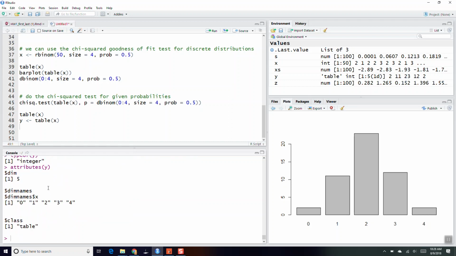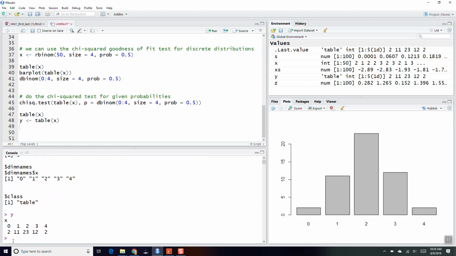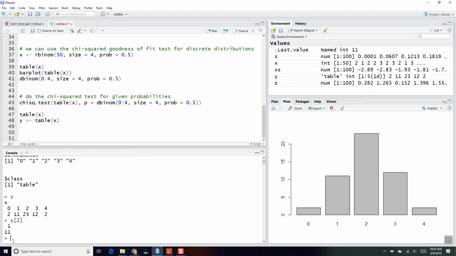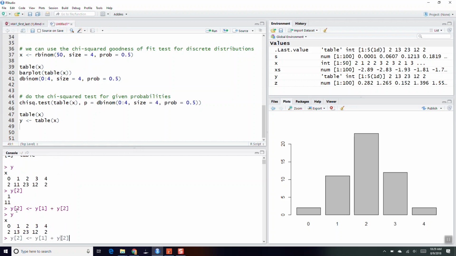So if I print this out, we're going to reassign the sum of y1 and y2, basically the first two columns, to y2, and then we will get rid of the first thing.